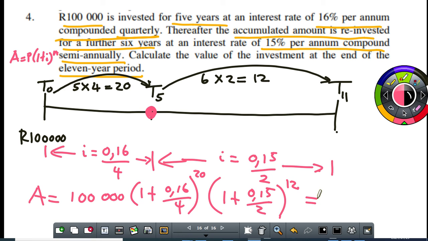Because if you don't know how to use a calculator properly, you can get an incorrect answer. 521,877.24. So you end up having 521,877 and 24 cents. So that's after 11 years.